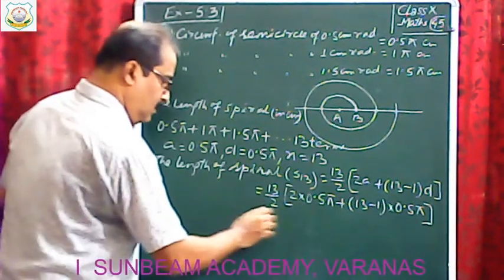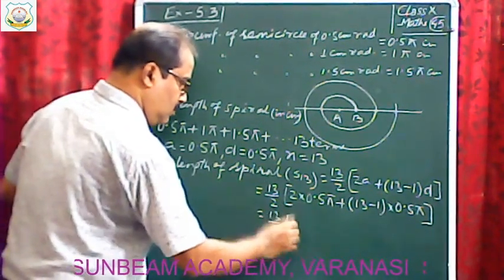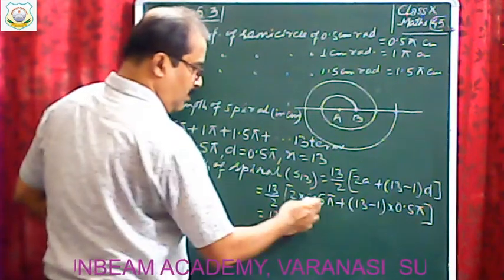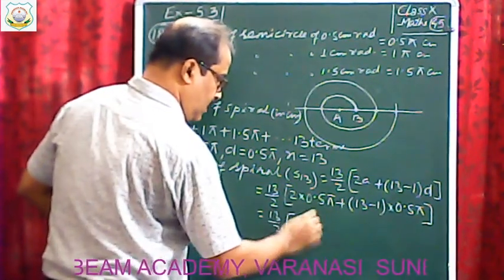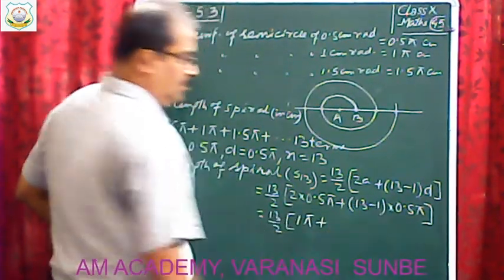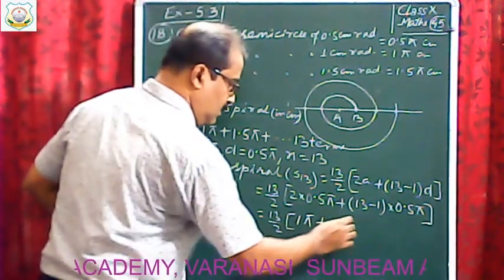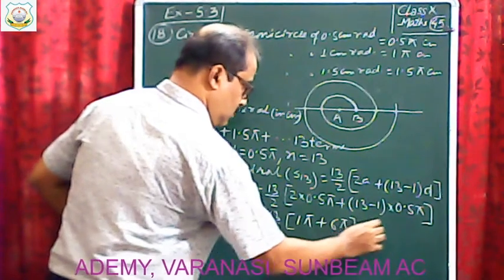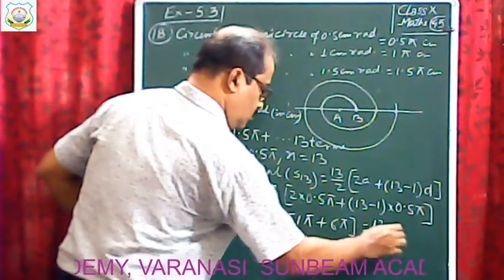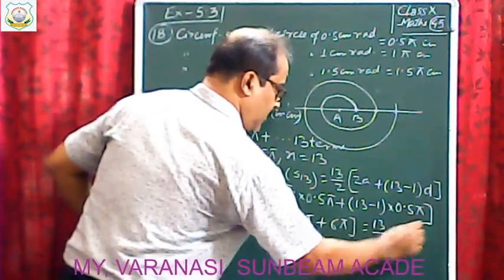Now simplify: 13 upon 2 within bracket 1 pi plus 12 into 0.5, 6 pi. We get 13 upon 2 into 7 pi.